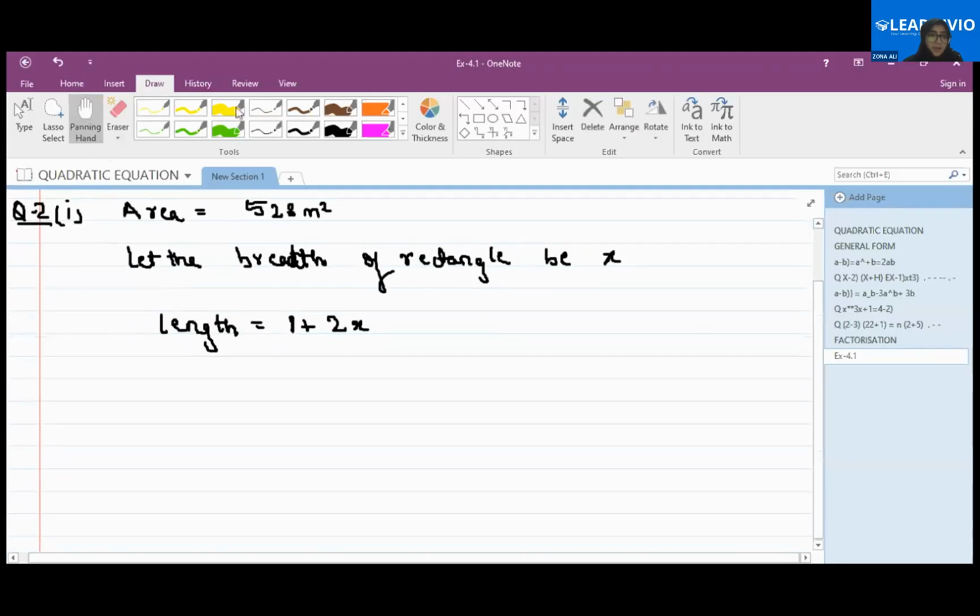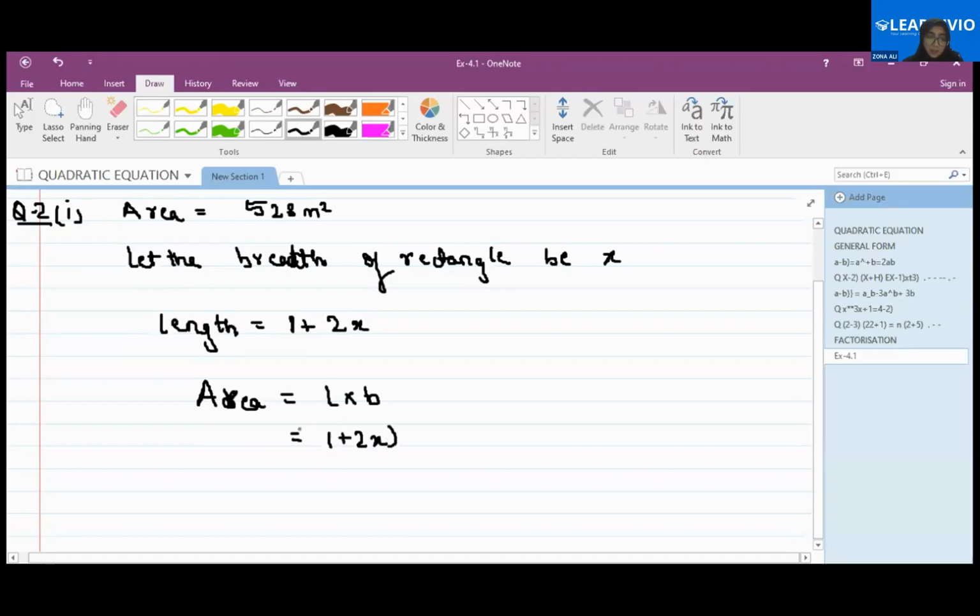See, we know the area of a rectangle is length into breadth. What is the length here? 1 plus 2x.